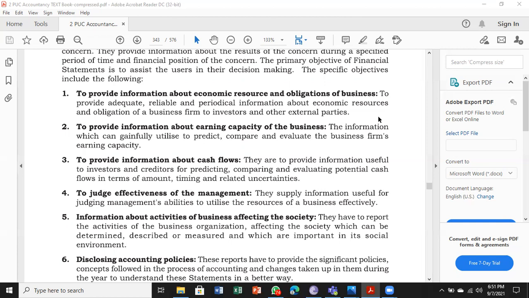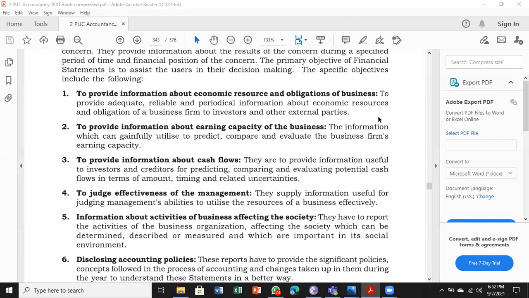Next, to provide information about the earning capacity of the business. Not only what happened in the past one year, what is the profit or loss of those activities. That is not the only information that is needed for the various stakeholders.